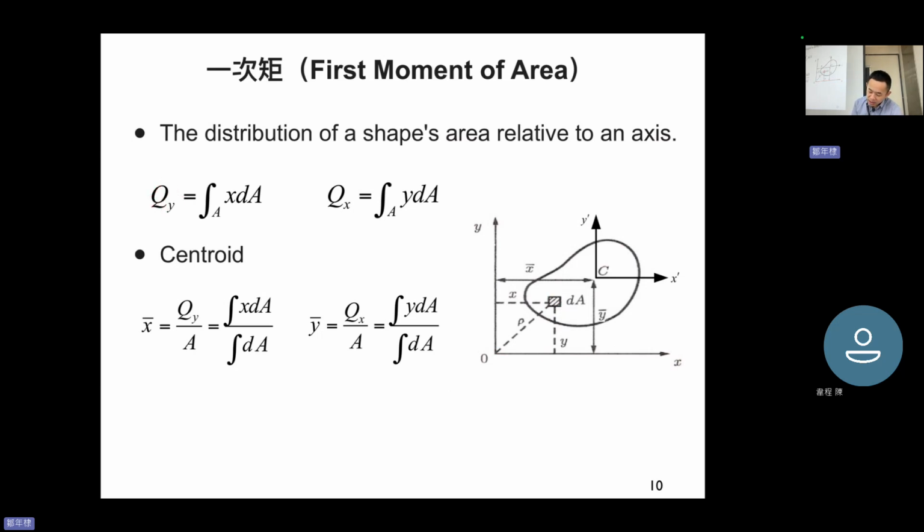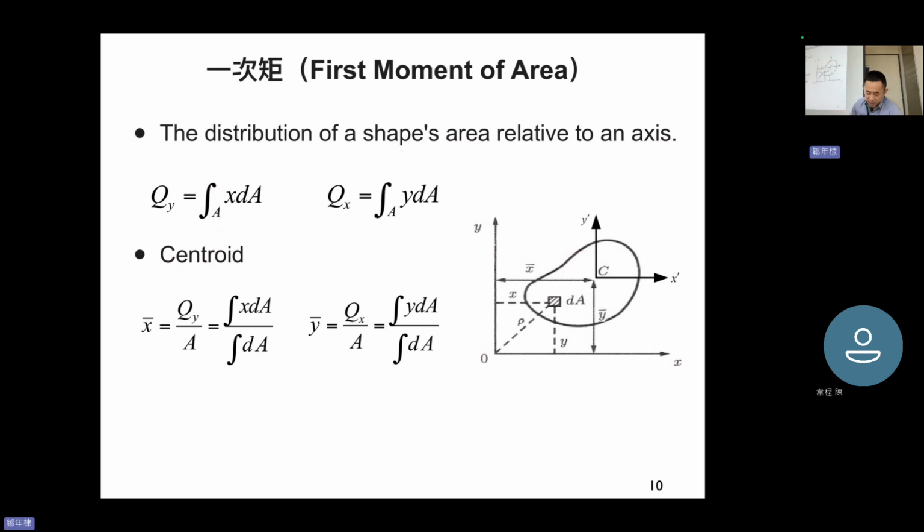Qy means the area relative to the y axis, how it is distributed. So the easiest thing is the distance, right? This area has this distance, that area has that distance. We need to sum them up.